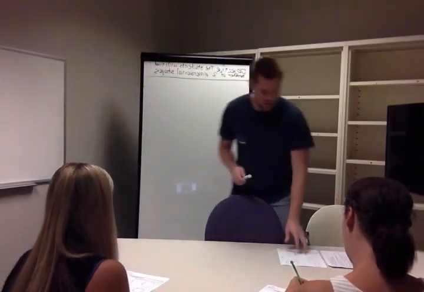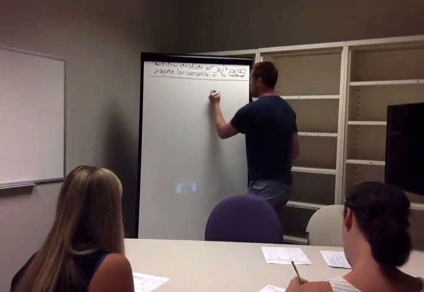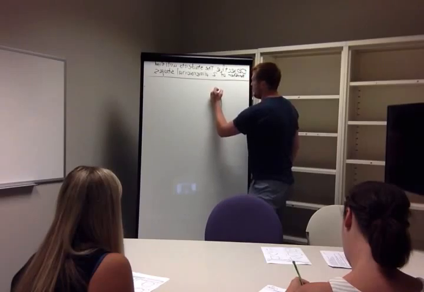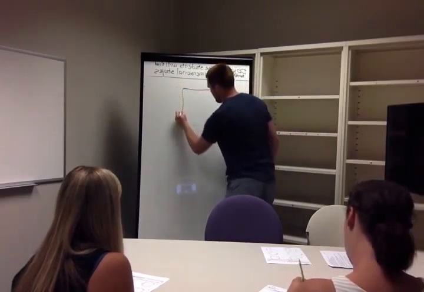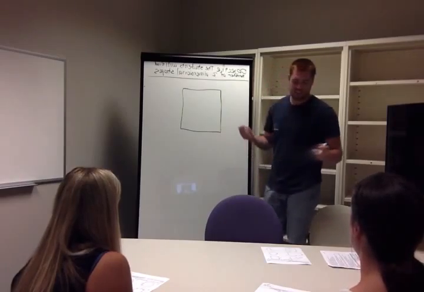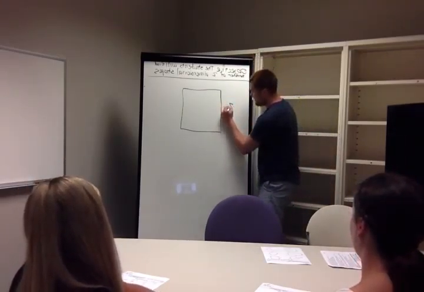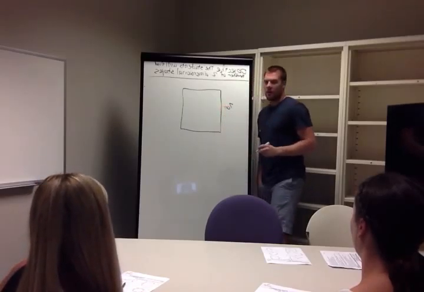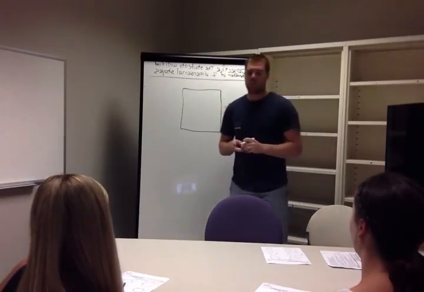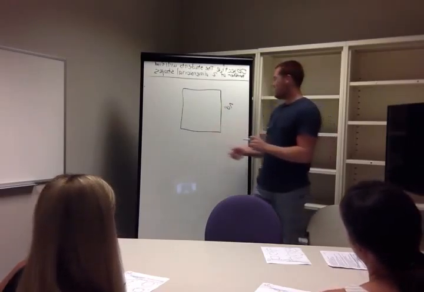So the first shape that you have on your paper, I just want you to watch me, it's just a square. What do we know about squares? All sides are equal. All the sides are the same. So if we have 7 centimeters on one side, what does that mean? That it's 7 centimeters on all sides. On all sides, right?